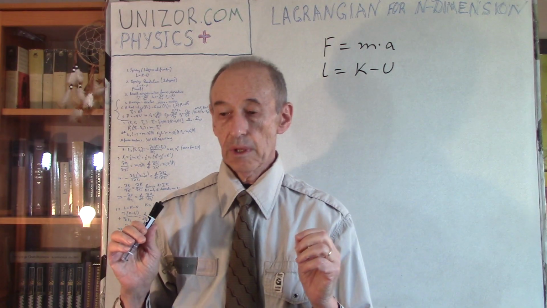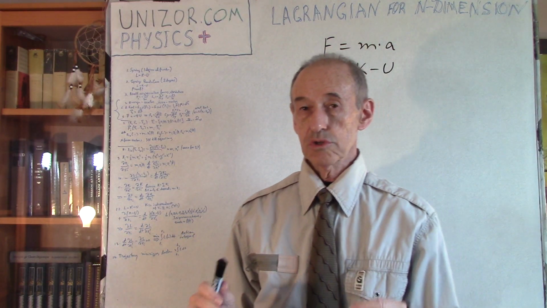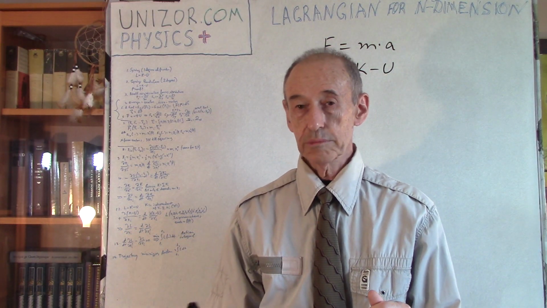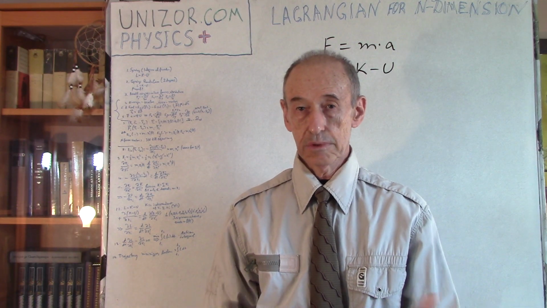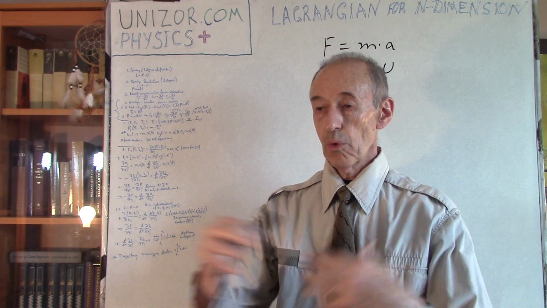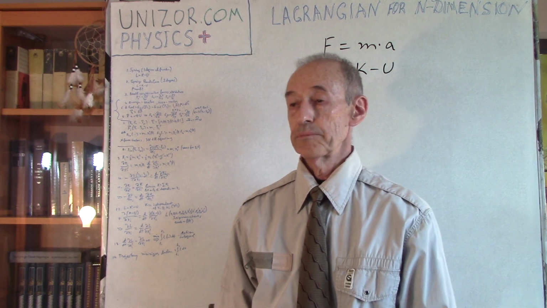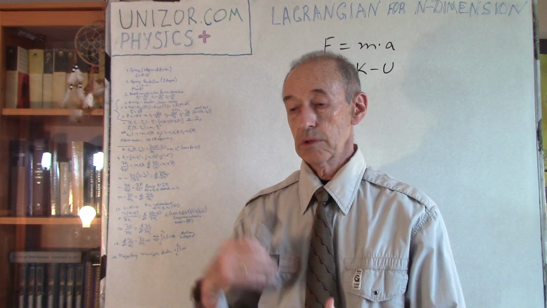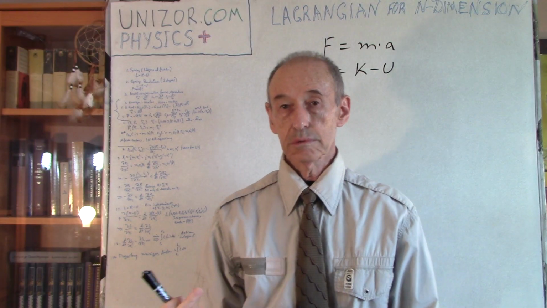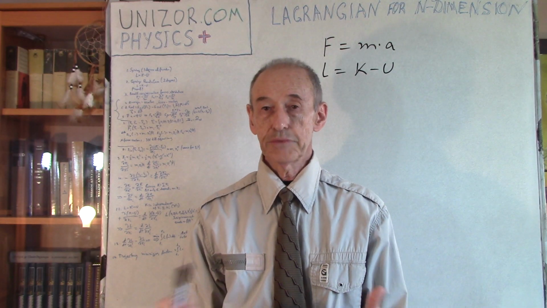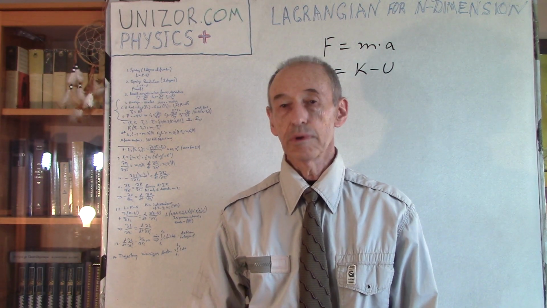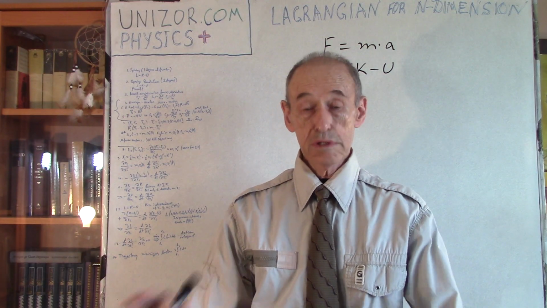So we have a many dimensional problem, like for instance planets of the solar system. They are all interacting with conservative forces, and the Lagrangian approach will give you, I would say, a little faster and simpler equations, which you still have to solve.